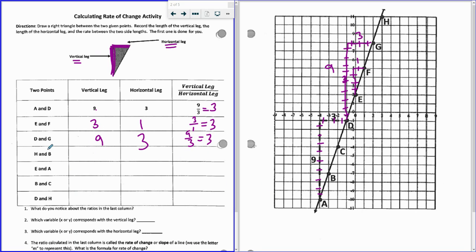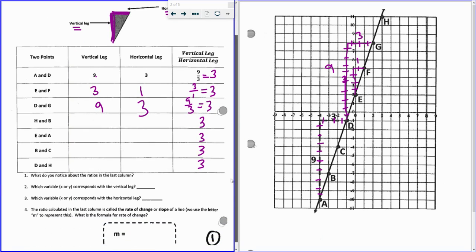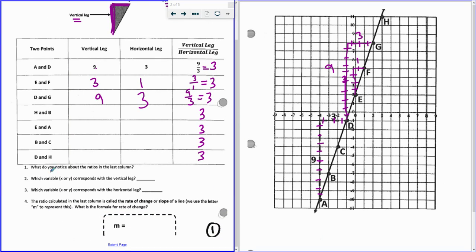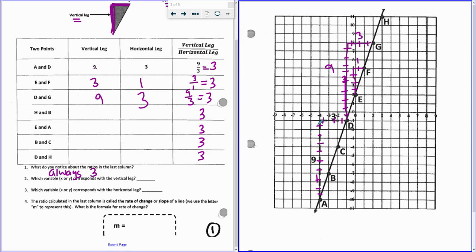No matter which set of points we do this for, the ratio of the vertical leg to the horizontal leg is always going to be 3. So the ratio is always 3. Which variable corresponds with the vertical leg? Well, the vertical leg is going straight up and down, just like the y-axis goes straight up and down.